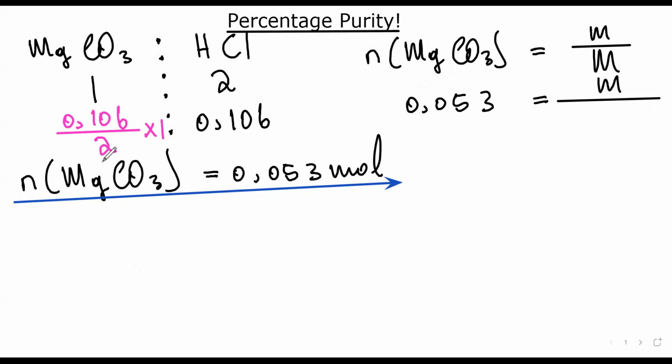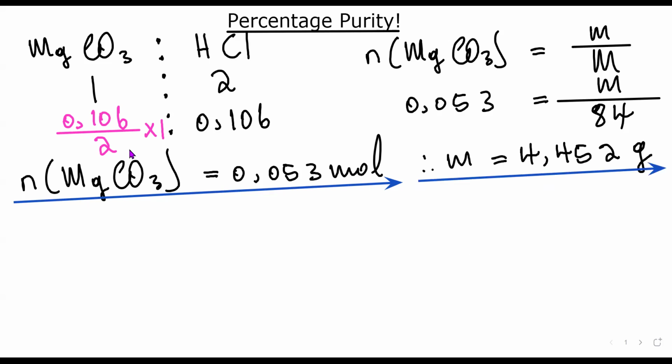Magnesium has a molar mass of 24, carbon 12, and then 3 oxygen atoms, each with a mass of what? 16. So when you add everything up, you get 84. Then you times it by 0.053, in which case you get 4.452 grams.